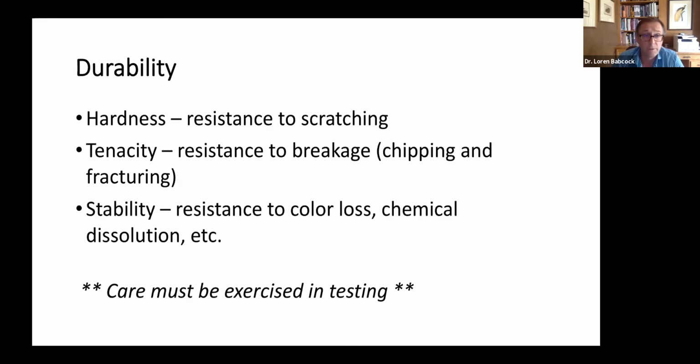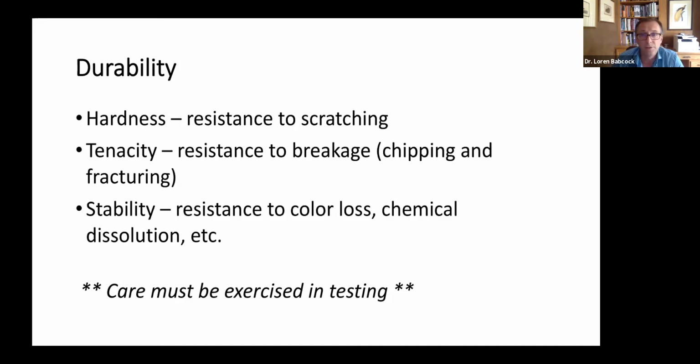And interestingly, the tenacity of a mineral does not necessarily match well with the hardness. So for example, diamond is a very hard mineral. It has a hardness of 10, but it's not very tenacious. That is to say, it's very easy to break a diamond. It's very easy to chip a diamond, even though it's hard. It resists scratching well, but does not resist breakage well.